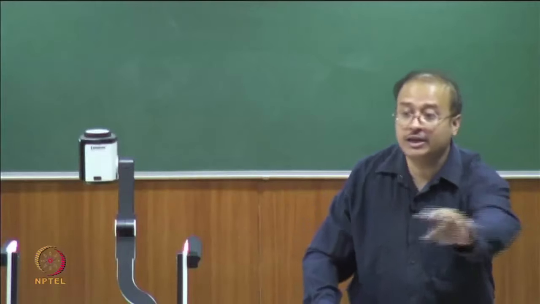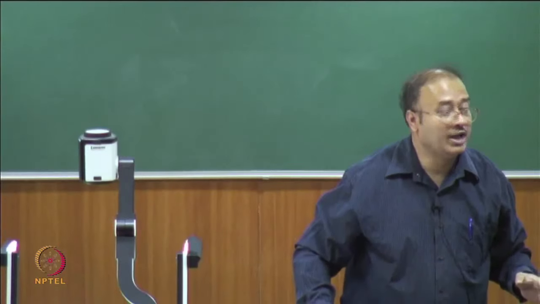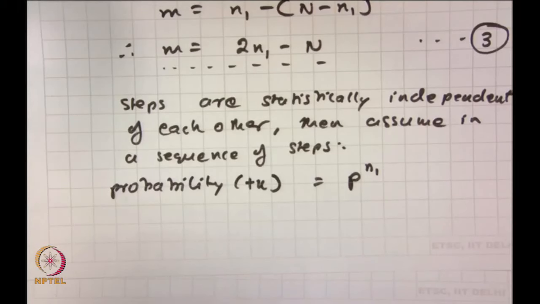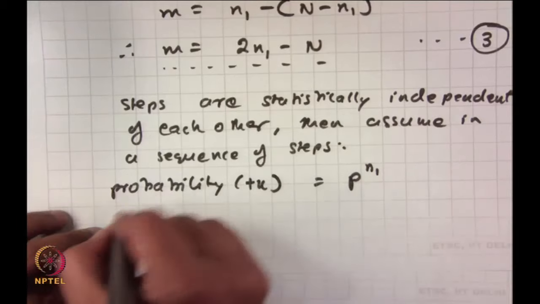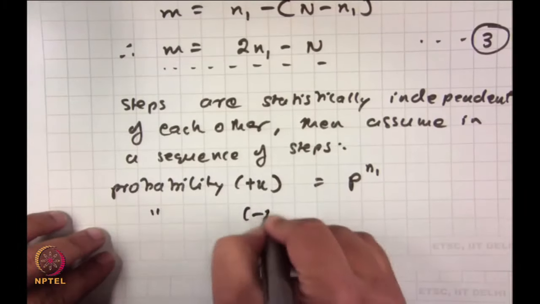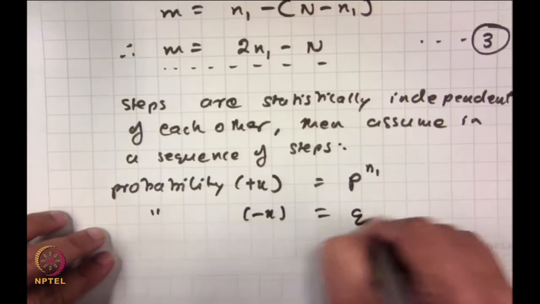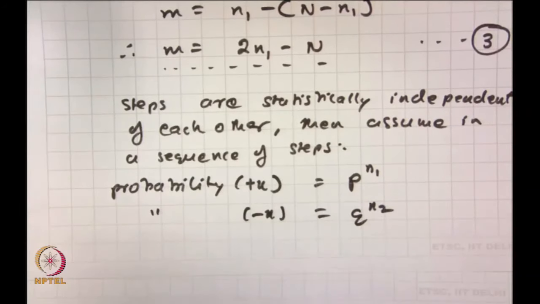Because these are all independent events, and whenever you have independent events in probability, they get multiplied. That is what you mean by statistical independence. Similarly, I can write the probability of moving in the negative x direction is given by q to the power n2.